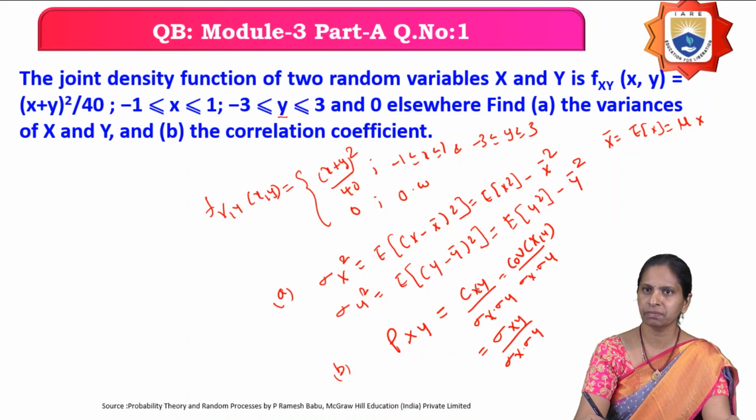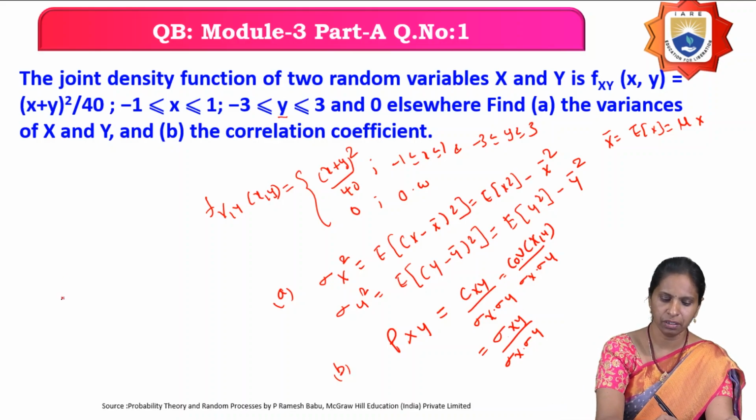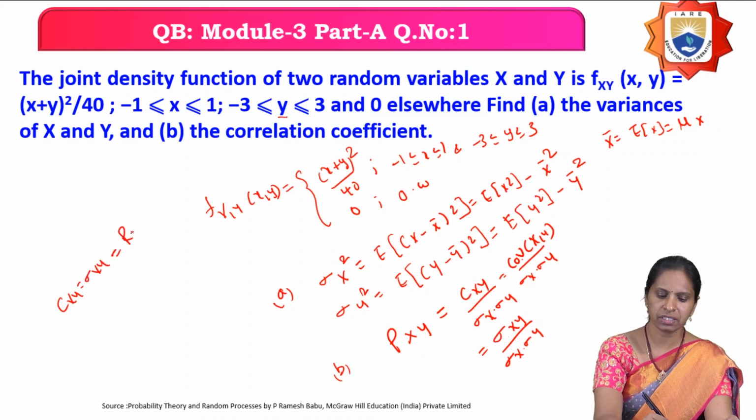Here Cxy is nothing but the covariance of x and y, which can also be represented as sigma xy. How is it defined? The covariance sigma xy is equal to Rxy minus x bar into y bar.